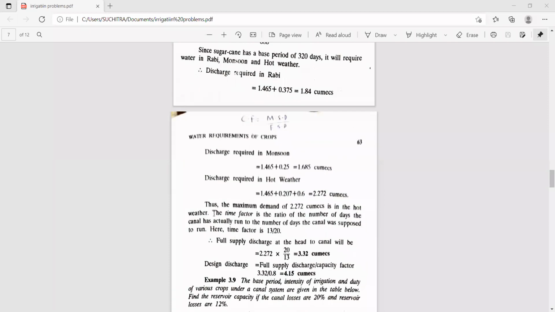Now, the maximum demand of 2.27 cubics is in the hot weather season.